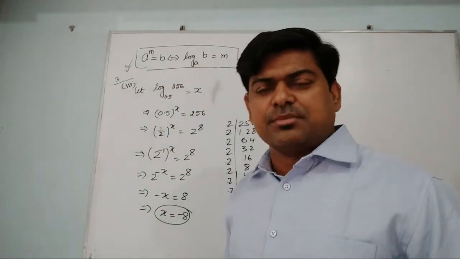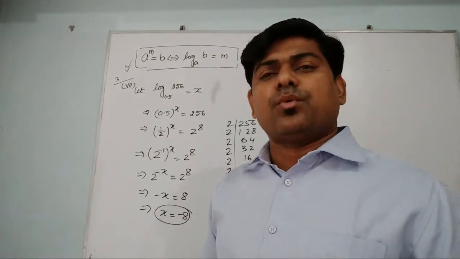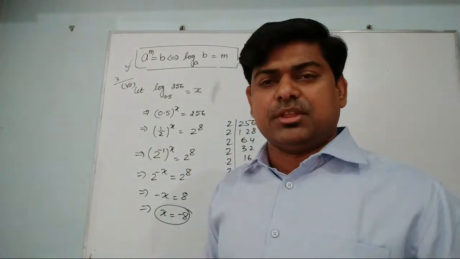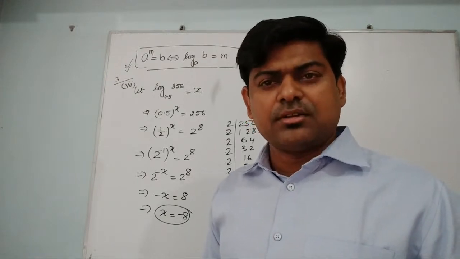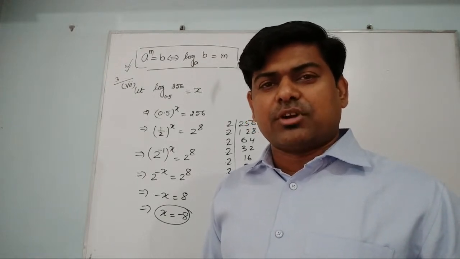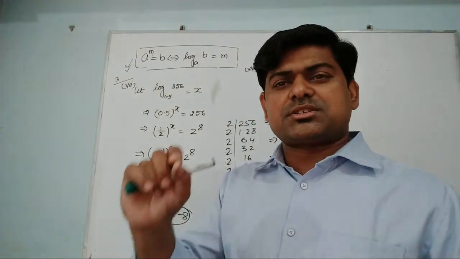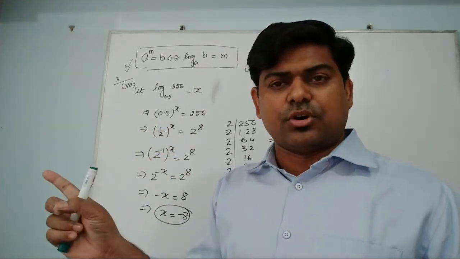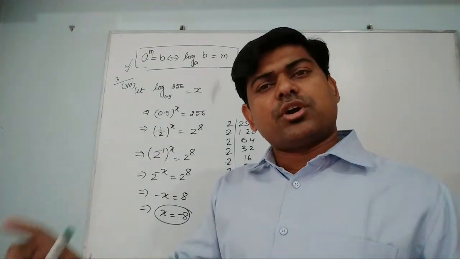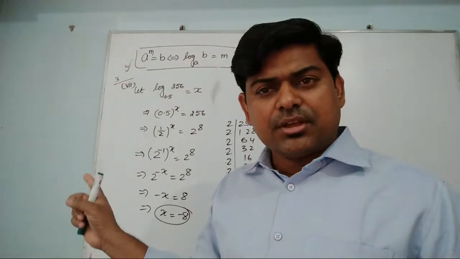Maybe it is x, maybe it is a, maybe it is y, maybe it is b, maybe it is t. Whatever it is, one variable will be there, and we have to find this variable. Again, we will follow the same thing. Listen carefully to what I want to say. We will try to convert the given logarithm into exponential form, and after converting, we can easily find the value of the given variable.